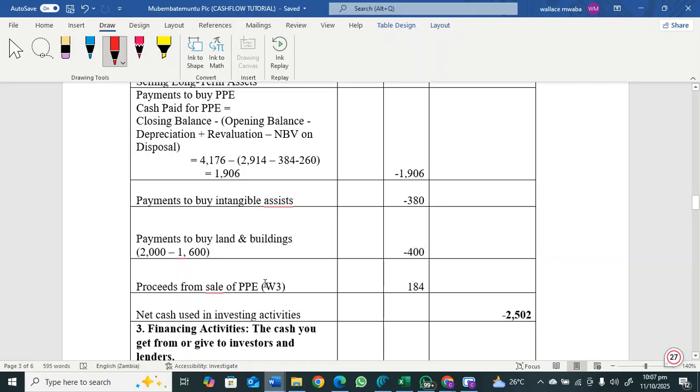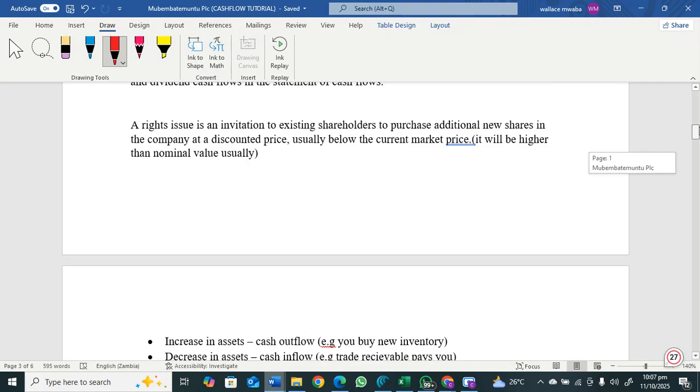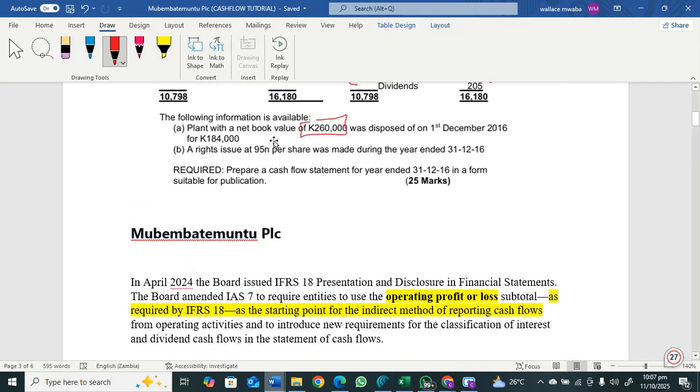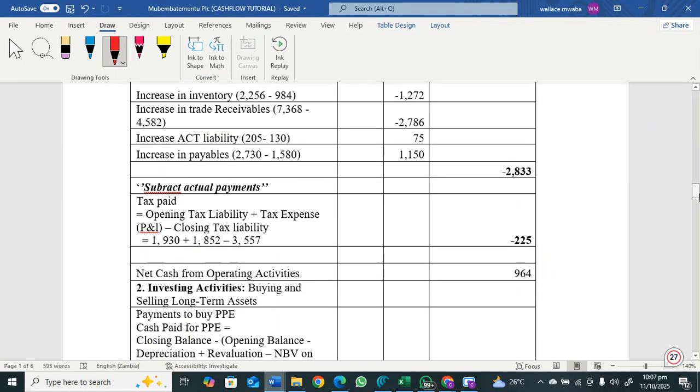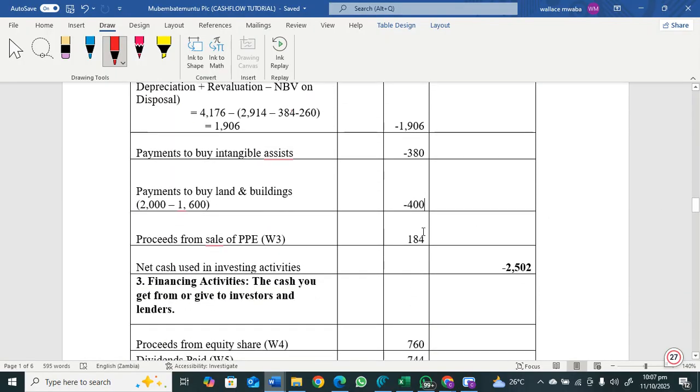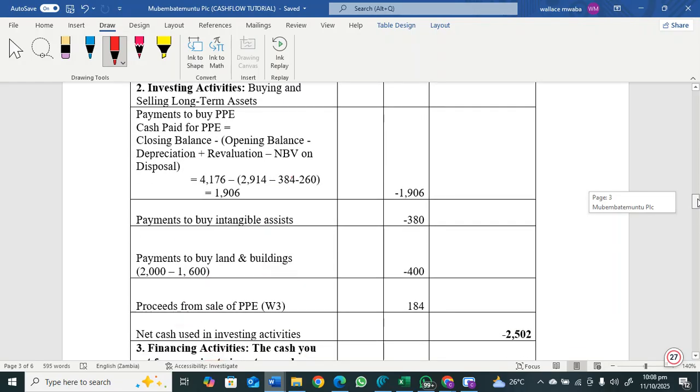Then remember, we also sold this plant in this question. Remember this plant that was sold for 184,000. This 184,000 is a cash inflow, so that's why we're adding it here: 184. All right.